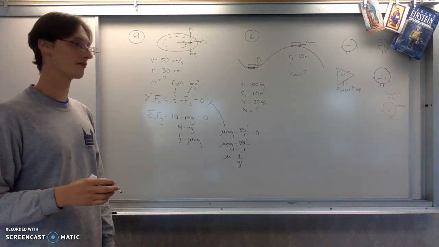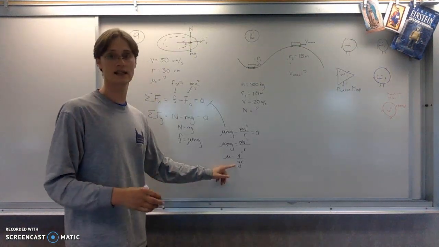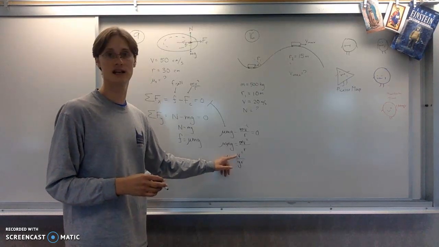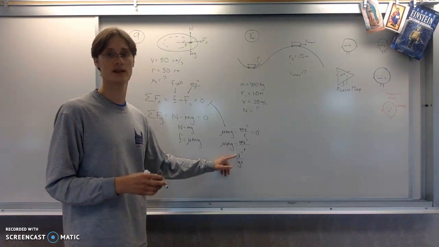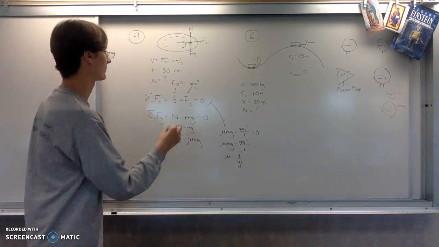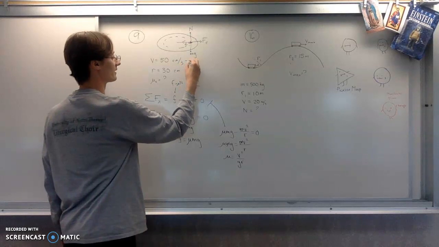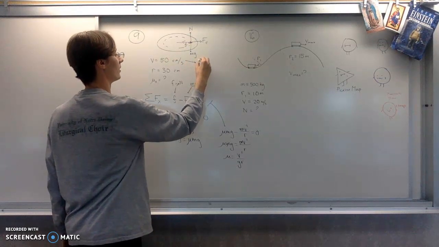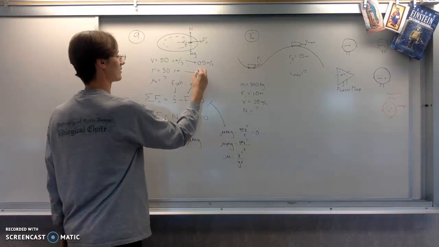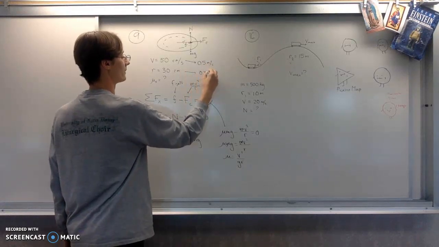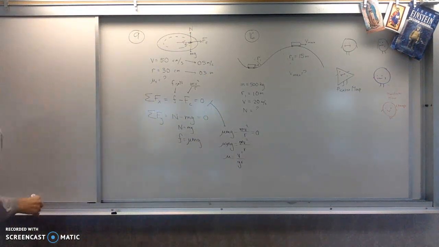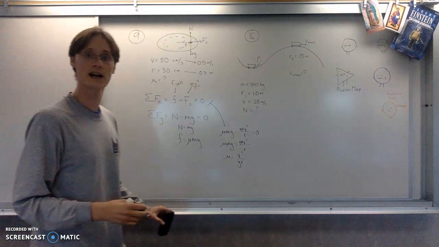The reason it's not fine is because g is in meters per second squared, and the velocity is getting squared. So that means that those centimeter units actually matter twice. So before you can plug in these numbers, you got to turn that into 0.5 meters per second, and this into 0.3 meters. Once you plug those in, everything should work out just fine.